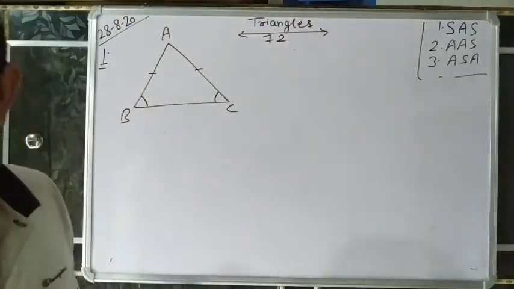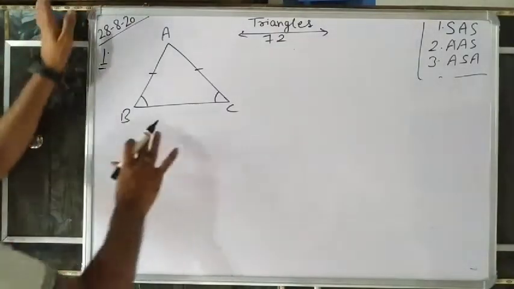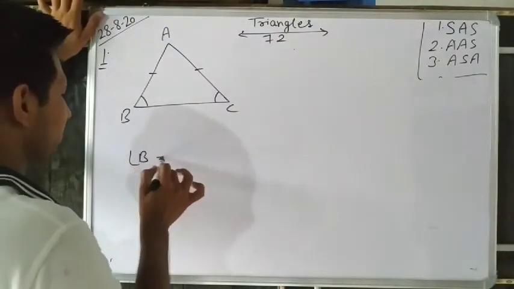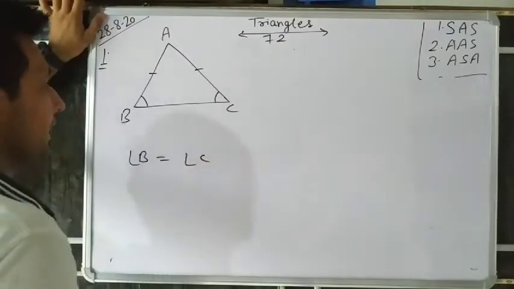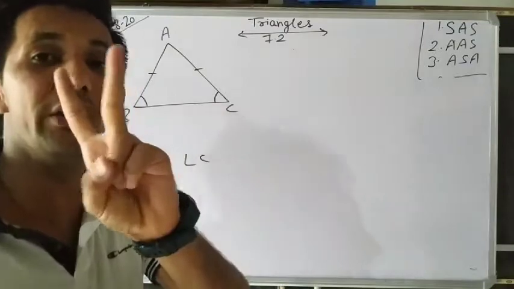Understand? Next: the bisector of angle B. Everyone knows angle B equal to C, both are equal. Bisector means divide into two equal parts.